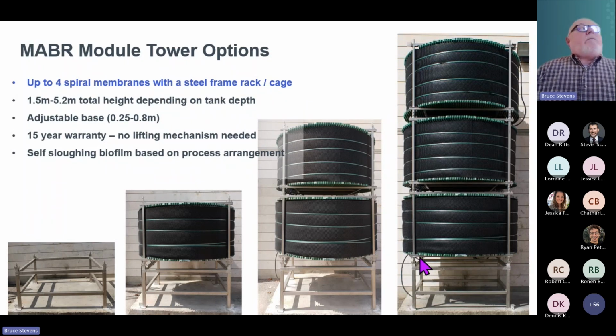Every 30 to 45 minutes, we turn the coarse bubble on for 20 to 30 seconds, which gives it a blast of air that rises through the tower, through the spirals. It carries food and creates an airlift effect, so it brings food around the tanks, around the towers, and then up through the middle, close to the membrane, where the ammonia is taken away by the biofilm, and the heterotrophs can start using the nitrate that's converted in the process.